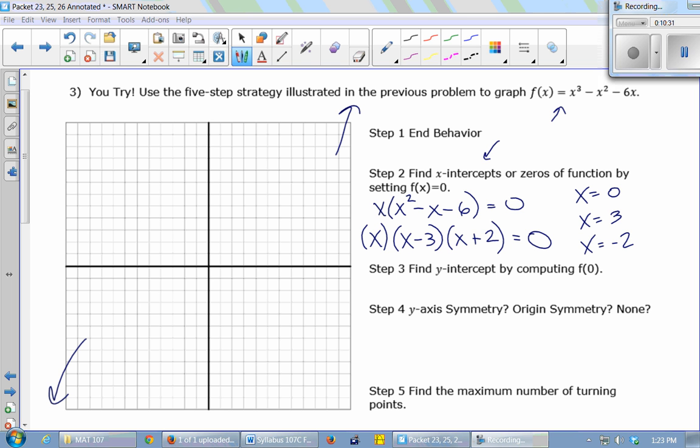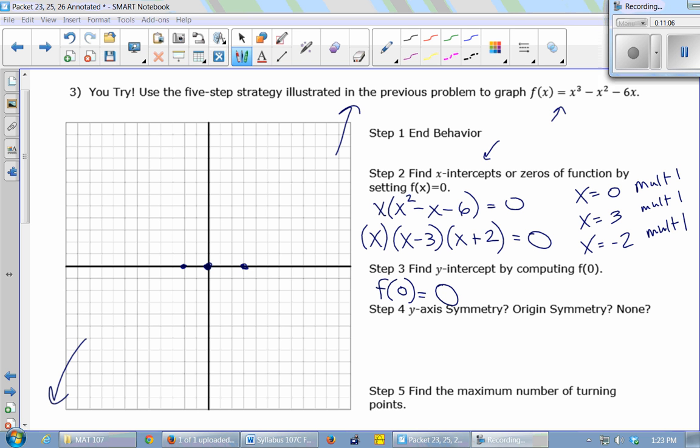They all have multiplicity 1 because they came from a factor that only showed up once. Which means that they are zeros where the graph goes right through the axis, because 1 is odd. So I've got 0, 3, and -2. And my y-intercept, f of 0, when I plug in here, I get 0. So I already have the y-intercept graphed there.